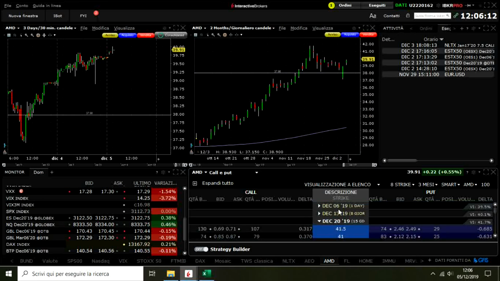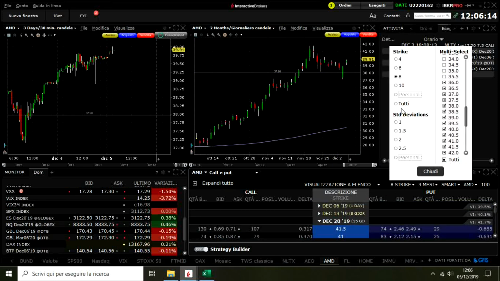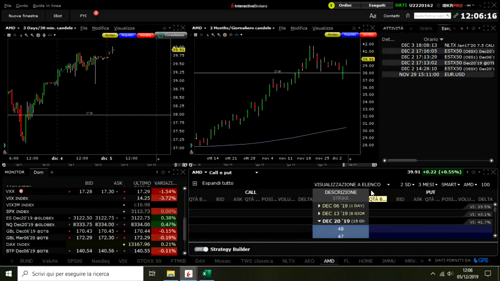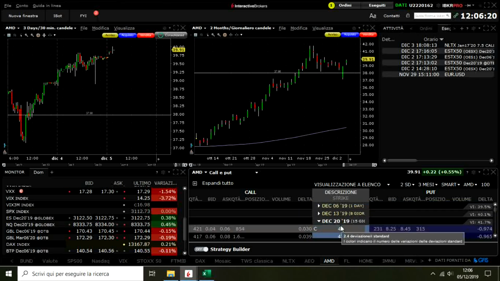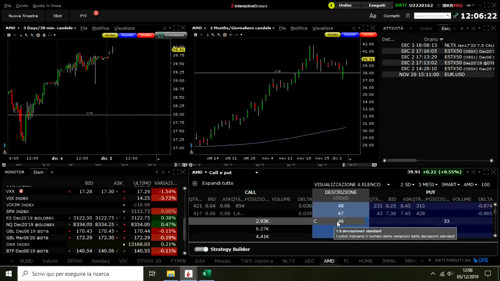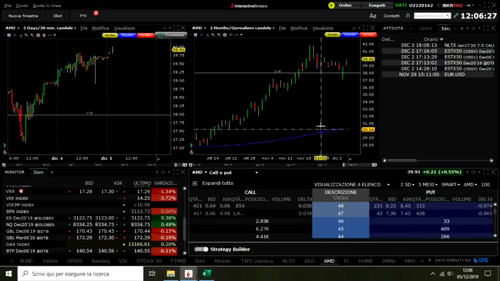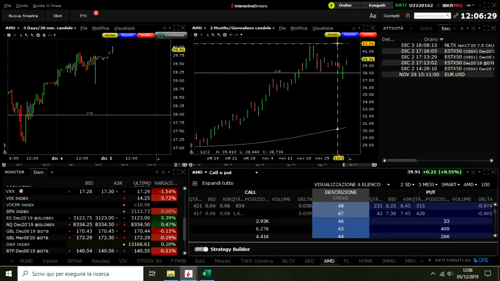So let's look at calls. Let's pick all the strikes within 2 standard deviations. This leads up to $48 within the December the 20th expiration date. So what if we pick the call 42?